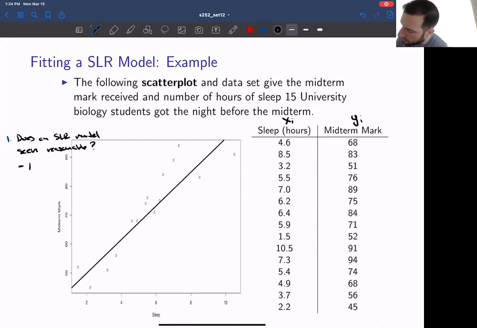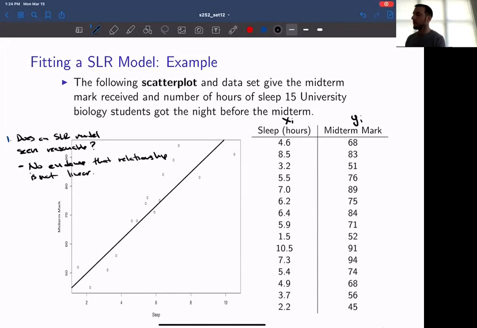All right, with that being said, we can now go ahead and calculate the estimates of B0 and B1 to build our estimate of the regression line.